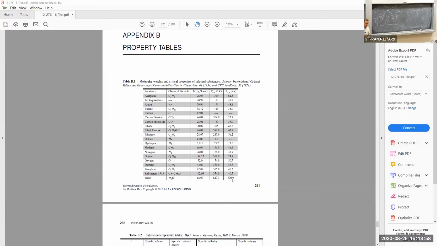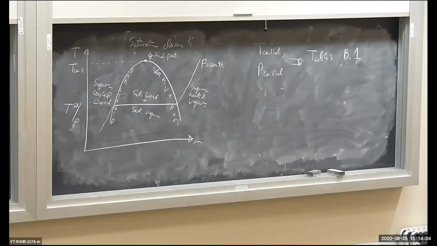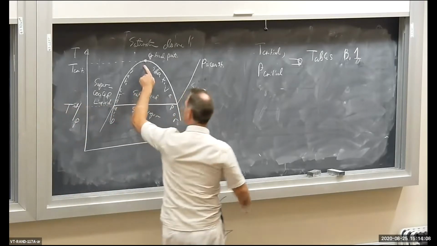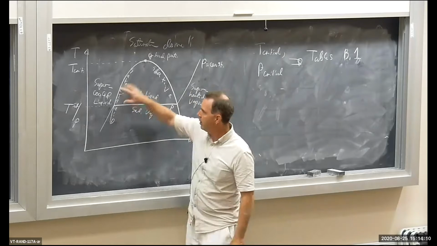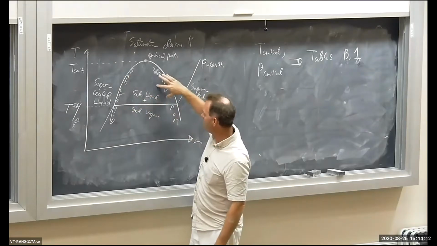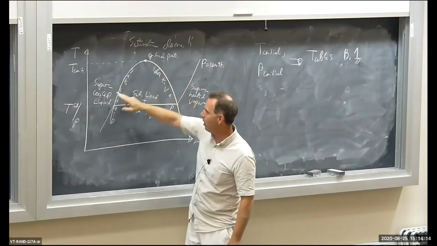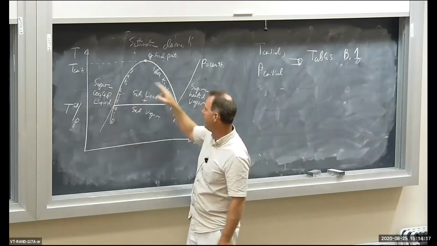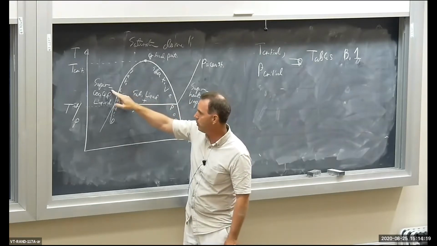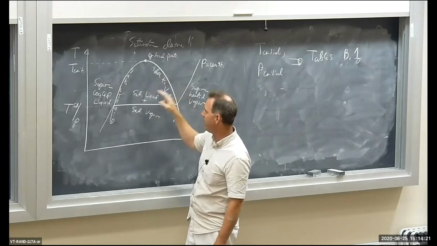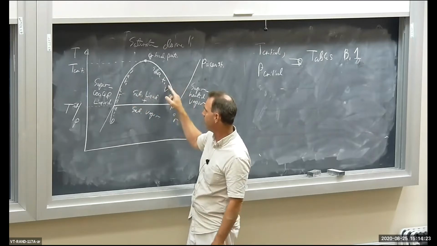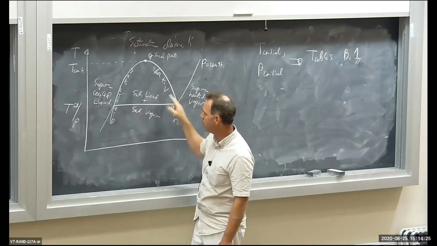If you want to know what the critical point represents physically, note that on this side of the dome and this side of the dome, up to the critical point, there are distinctions between liquid and vapor. You've got supercooled liquid here, superheated vapor, saturated liquid, saturated vapor, and a mixture in between.